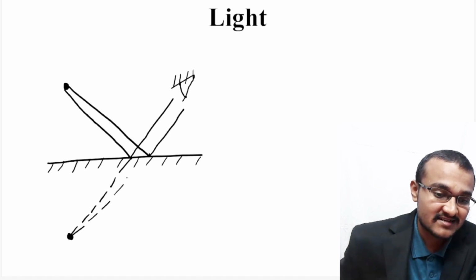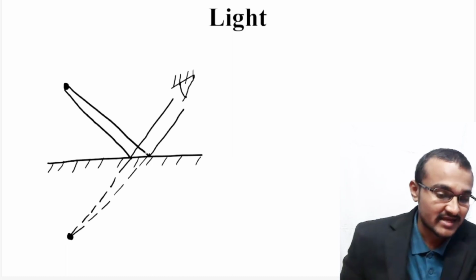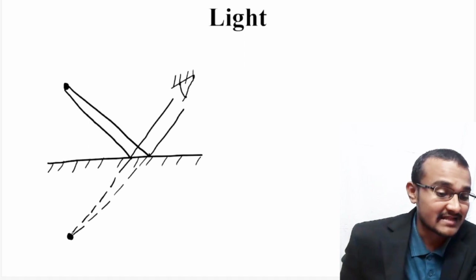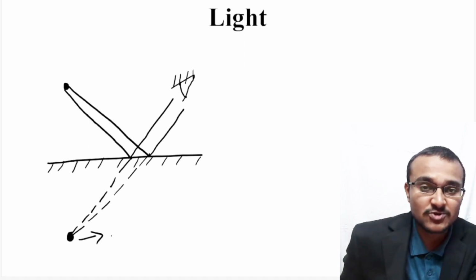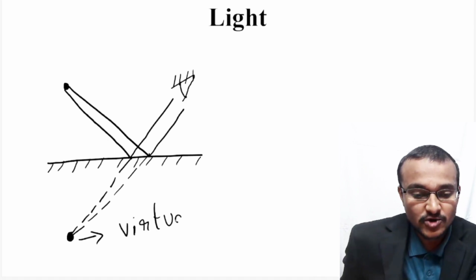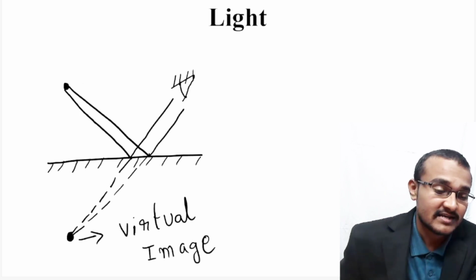So if you extend the reflected rays beyond the mirror, then you can see at one particular point these reflected rays will meet. So at that particular point there will be an image formation. But this is not a real image, this is actually a virtual image. So whatever reflection of a real object you see inside a mirror is actually a virtual image.